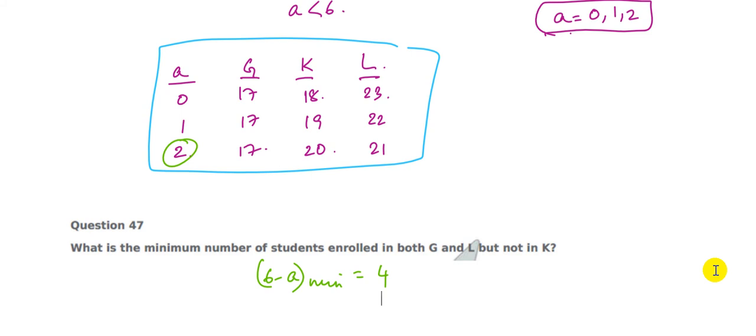Now 6 minus A will be minimum when A is maximum. You can see there are 3 possible values of A, 0, 1 and 2. If I put A equal to 0, 6 minus A will be 6. If I put A equal to 1, 6 minus A will be 5. If I put A equal to 2, 6 minus A will be 4. So the minimum value of 6 minus A has to be 4. Clear? Yes, sir. Okay.